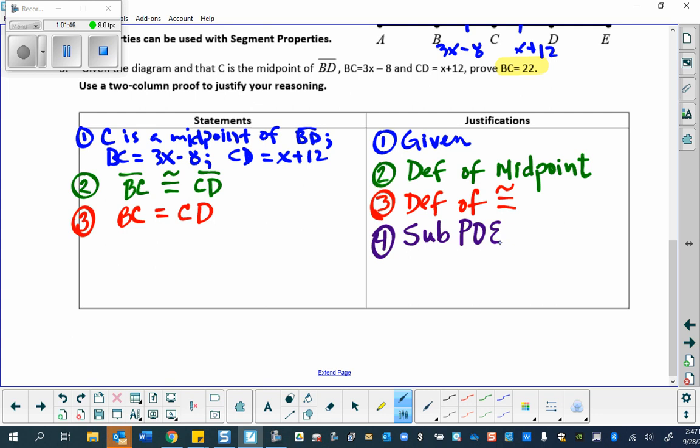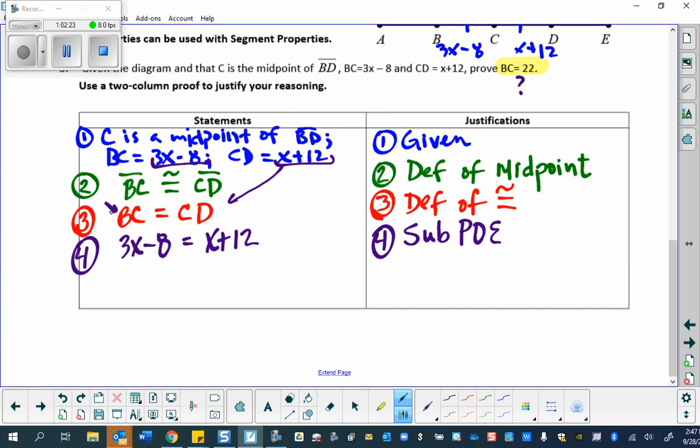I am going to substitute 3x minus 8 in for BC. And I don't know this yet, I can't use that. But I do know that CD is x plus 12. My substitution property of equality, let me put this in for CD and this in for BC.